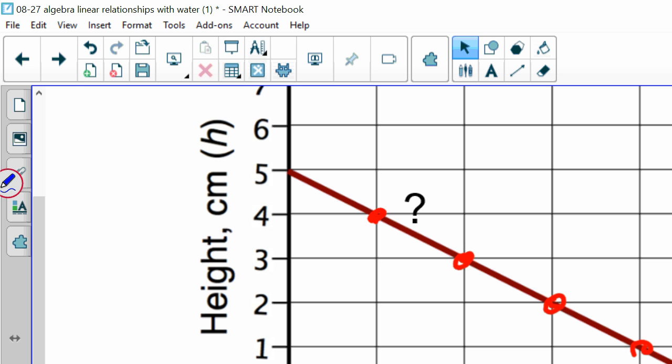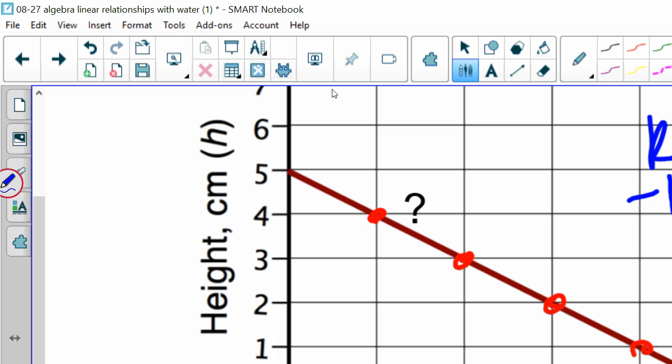Is it increasing or decreasing by 1? Decreasing. So how do I want to write my rate of change? -1. -1 what?